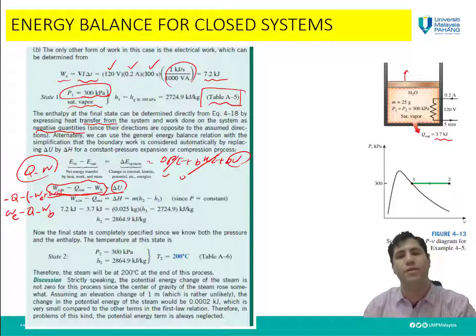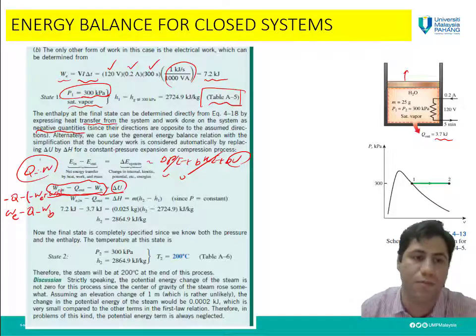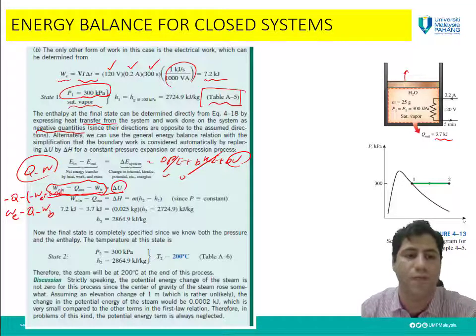WB is work done by the system on the surroundings. Q out is what goes out from the system to the surroundings, with a negative sign, negative Q out. And WE in, which is work done on the system, again has a negative sign, but if we put it here, it will be positive.